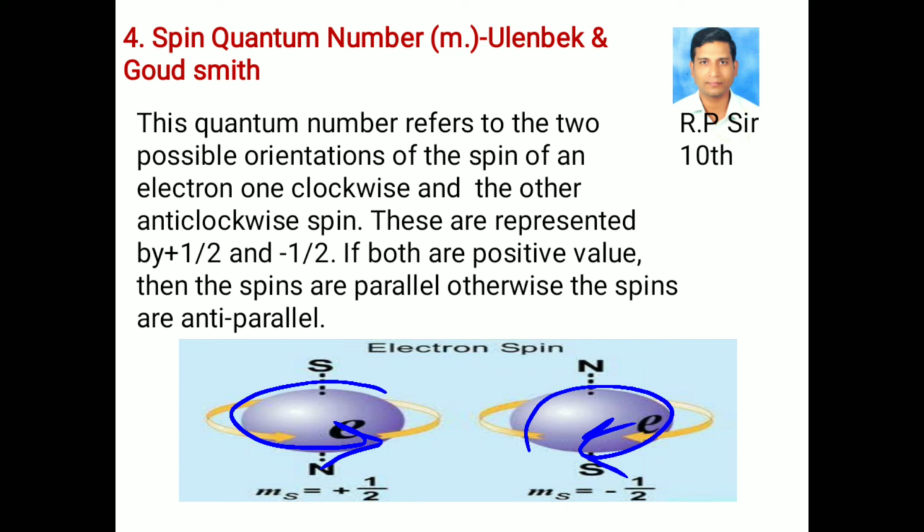These are represented by plus half and minus half. If both are of the same sign, then the spins are parallel, otherwise the spins are anti-parallel.